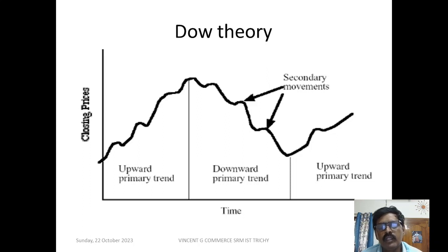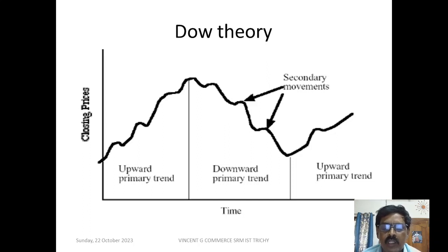The second one is a downward primary trend, which lasted 4 to 5 years, and we see a continuous fall of prices. The last one is an upward primary trend. And here there is a secondary movement, which lasted a few months to 1 year, and there was a downward trend, which we call a secondary movement.